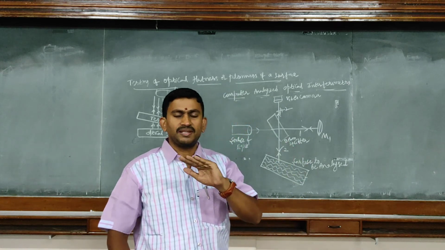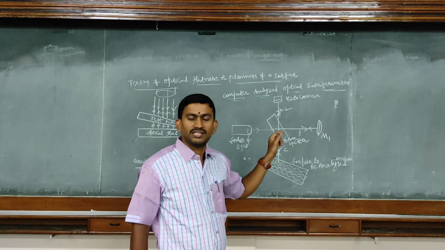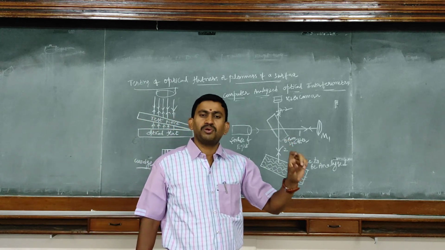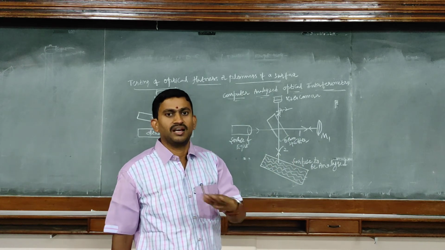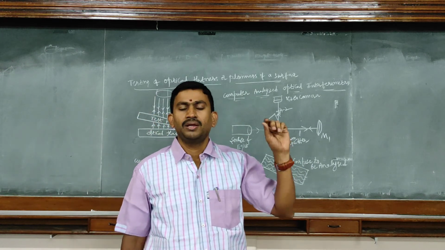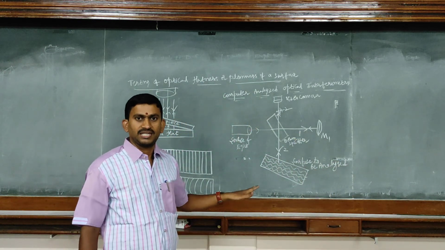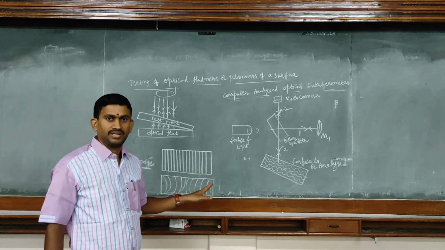The smoothness of the surfaces can be tested by using this computer analyzed optical interferometry. This is how one can detect or identify the smoothness or optical flatness of a particular surface. This is regarding the testing of optical flatness or optical plainness of a surface.